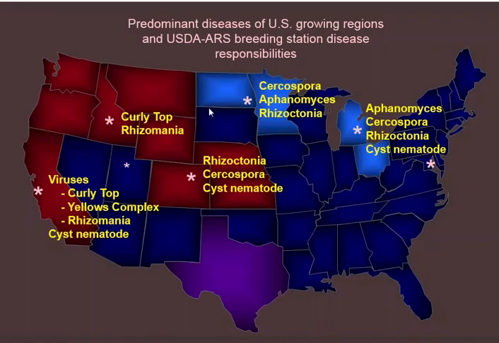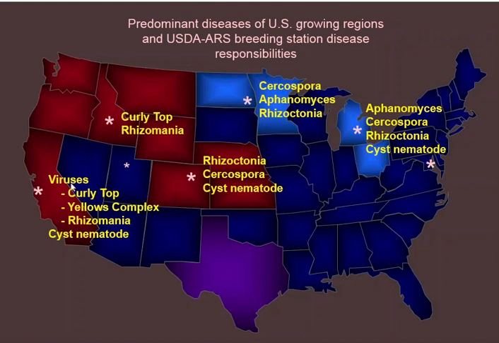So the predominant diseases of the U.S. growing regions are somewhat related to the USDA breeding stations, who all have responsibilities for breeding for resistance. So in Michigan, like I mentioned earlier, Aphanomyces, Cercospora, Rhizoctonia, and some cyst nematode are all problems. Minnesota is very similar, and you really get a divide between east and west due to this curly top.